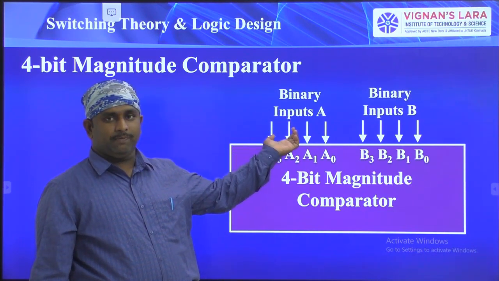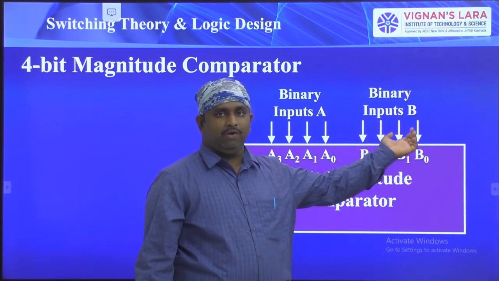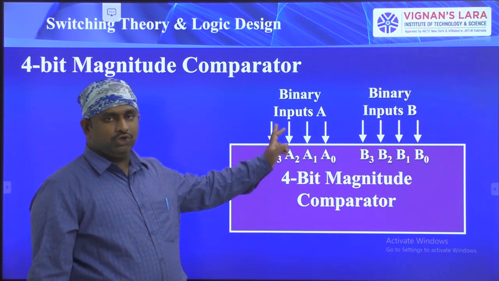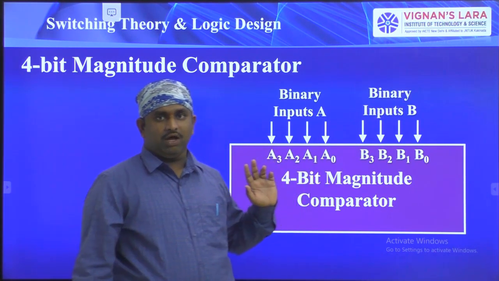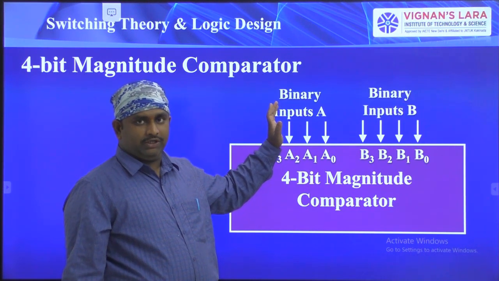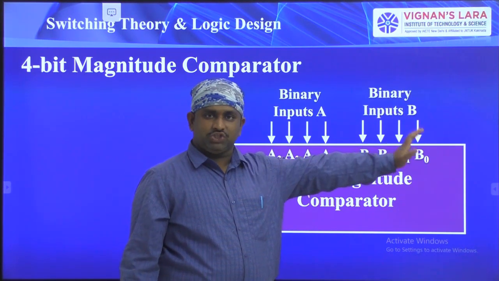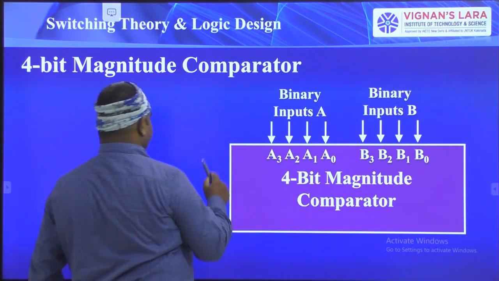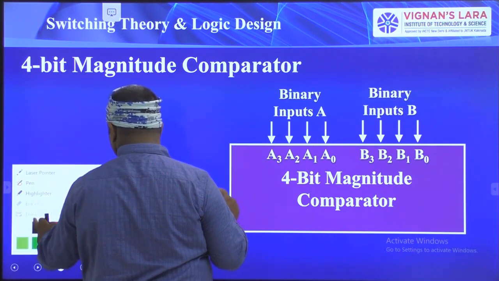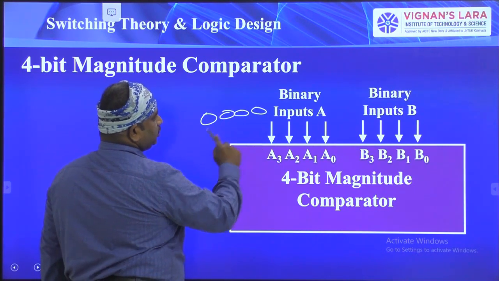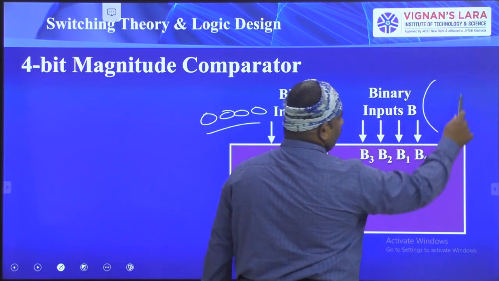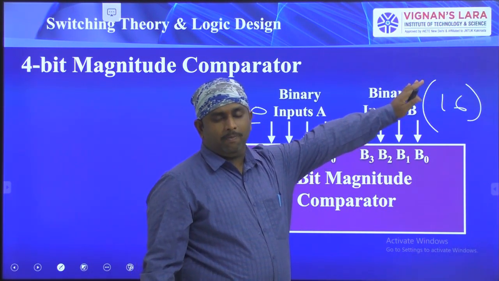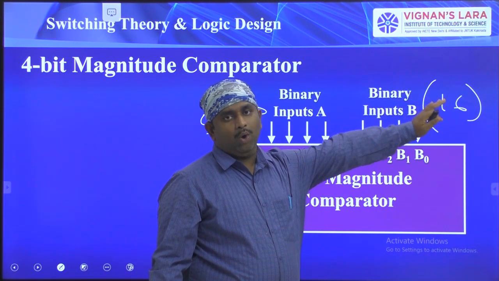For that reason, the maximum possible combinations are 16. For word B, it also has a maximum of 16 possible combinations. So 16 combinations are available here, and 16 combinations are available here. For the first combination of these 4 digits, 0, 0, 0, 0, you have to compare with the 16 combinations of B, from 0, 0, 0, 0 to 1, 1, 1, 1.